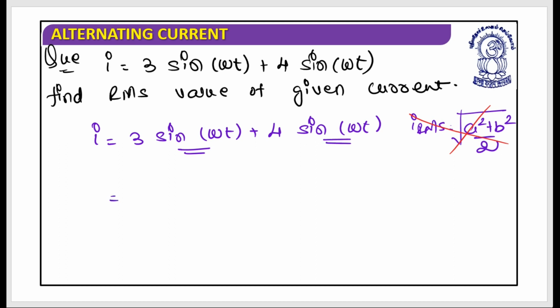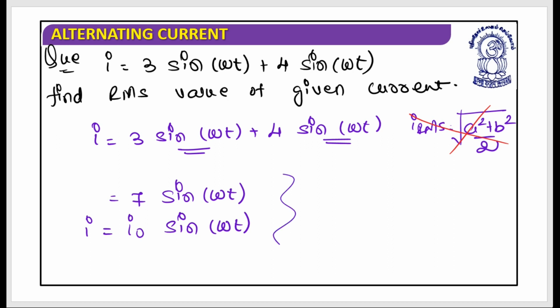So this is simply 7 sine omega t. Yes, and you are going to compare it with I equals I naught sine omega t. When you compare, IRMS can be written as I naught by root 2, which is 7 by root 2. That's it. You did it. Great job. I hope this is clear.